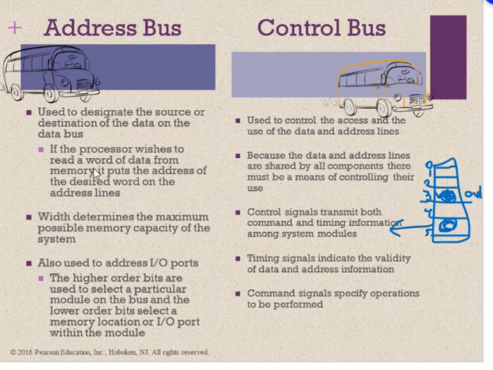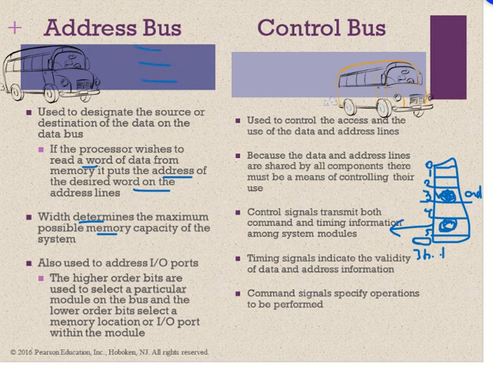If the processor wishes to read a word of data from memory, it puts the address of that word onto the address lines. This is what I was telling. The width determines the maximum possible memory capacity of the system. For example, if it is a 3-bit address, the address bus will have 3 lines.